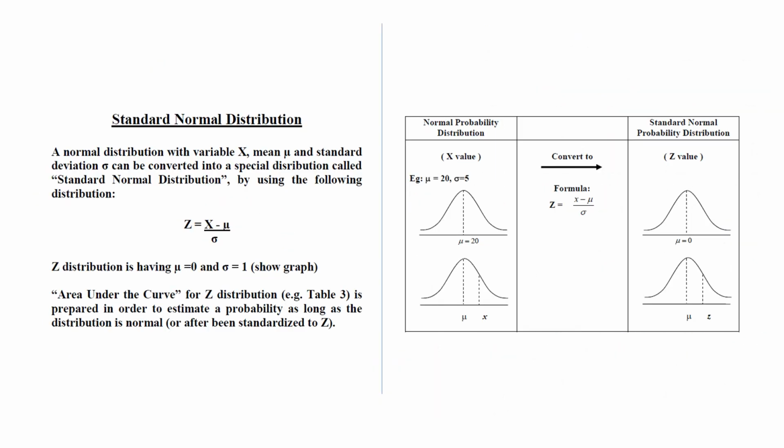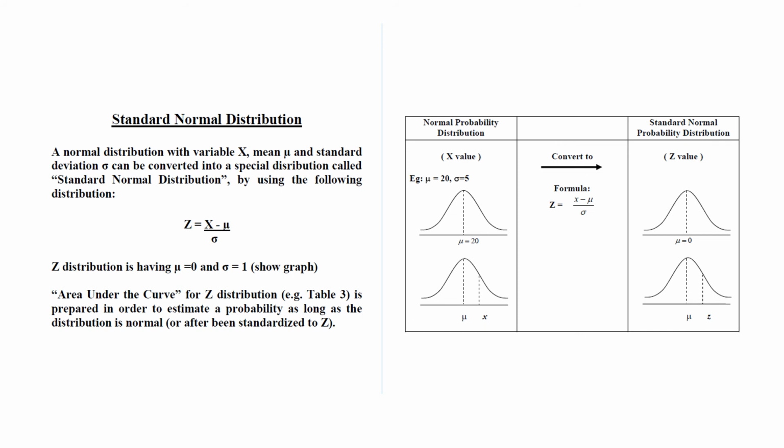Next, let's look at standardizing normally distributed random variables. The standard normal distribution is a normal distribution with a mean of 0 and a standard deviation of 1. It comes up frequently in probability calculations and statistical inferences.